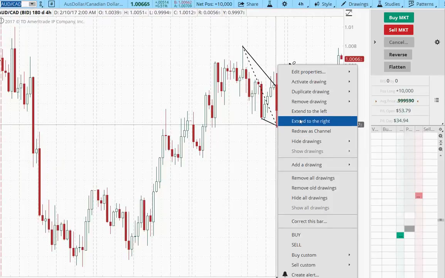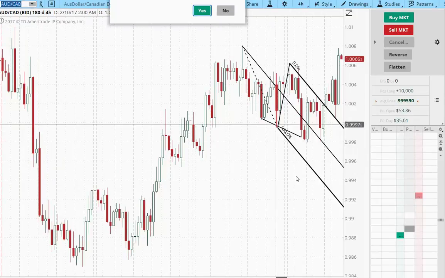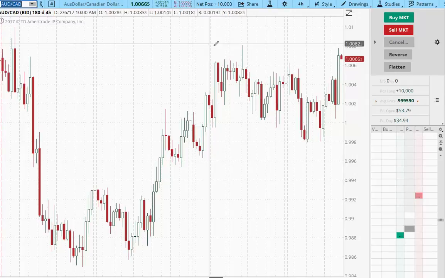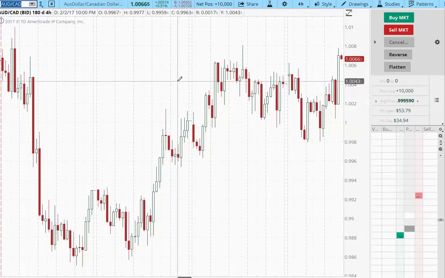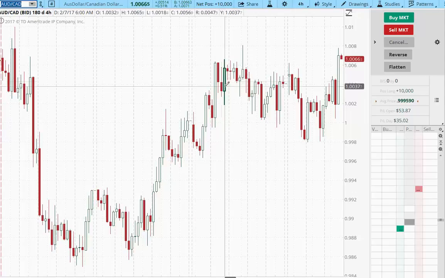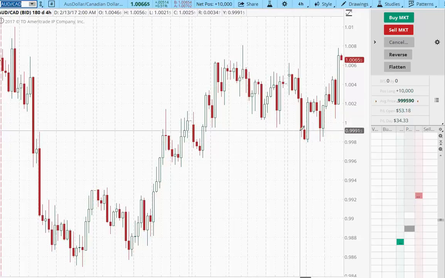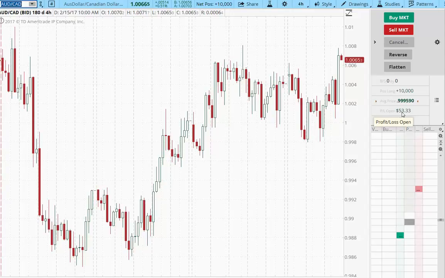Let's get rid of this junk. Okay, there we go. So we can see here that this one, we wound up getting long in the open yesterday, and the open is 53.33, which is really nothing.